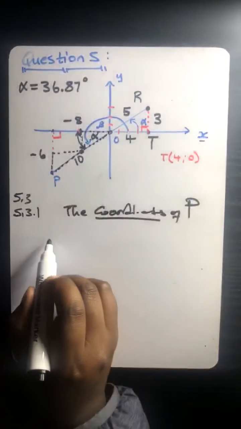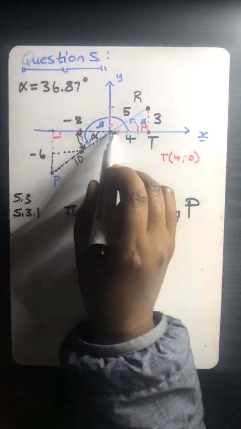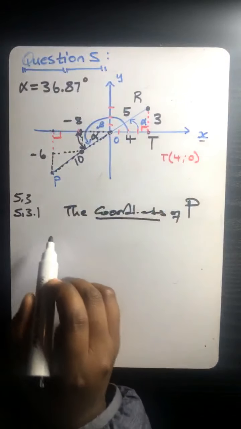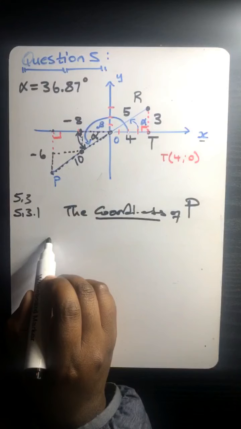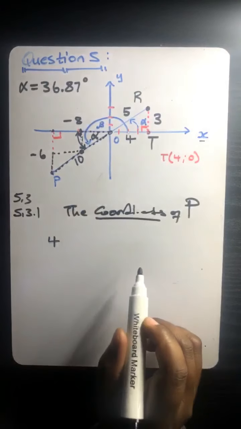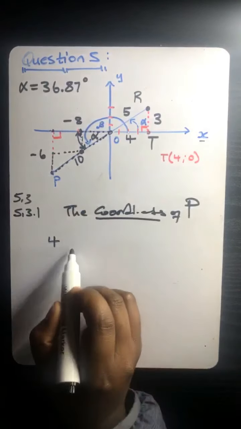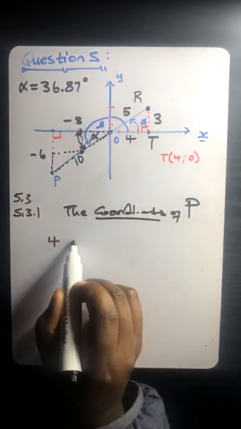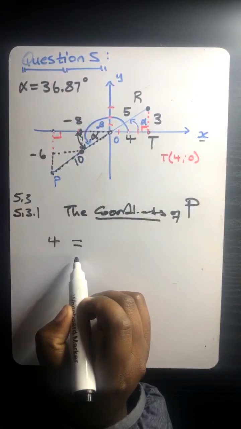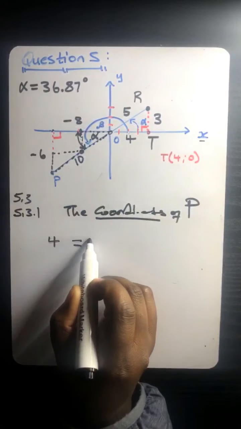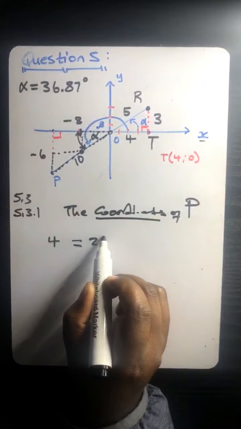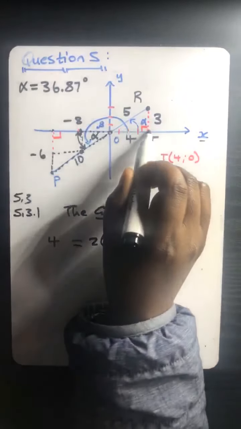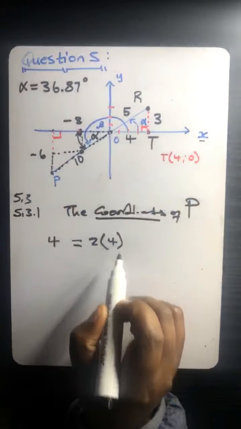So let's say OT is equal to what? It's equal to 4. And then from there to there, it's equal to 2 times from there to there, which is 4.